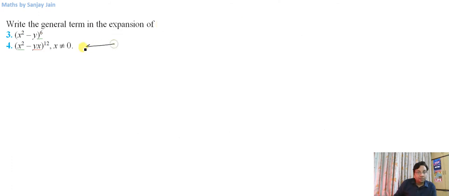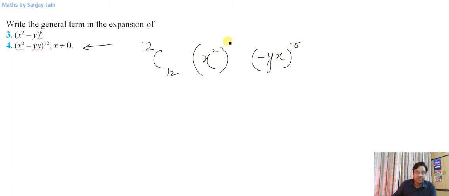Let's look at this one now. So it will be equal to 12Cr, right? Then I'll raise minus y to power r and x squared to 12 minus r. This is how I write the general term. So this will be the general term for this expansion.